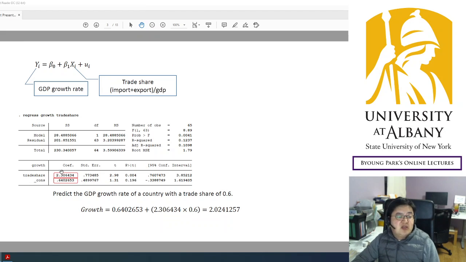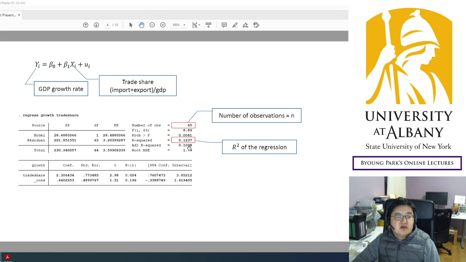Okay, now we learned how to use the coefficients, and then let's go to the top right side of this panel. So first, find these two numbers. 65 is, as you see, the number of observations, which is usually denoted by n, lowercase or uppercase N, and more academically we call this the sample size.